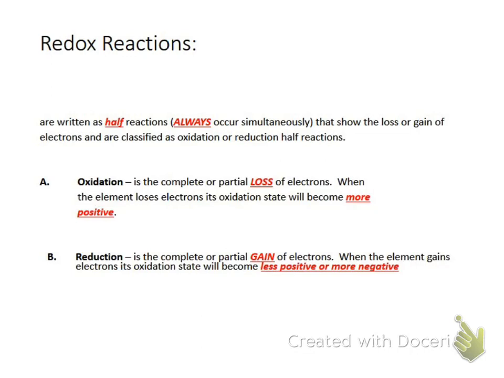So if I am a negative person and I lose my negativity, don't I become a more positive person? In theory, yes. If it's a reduction, it is the complete or partial gain of electrons. And when they gain electrons, their oxidation number or state will become either less positive or more negative. Depends on how you want to look at that.